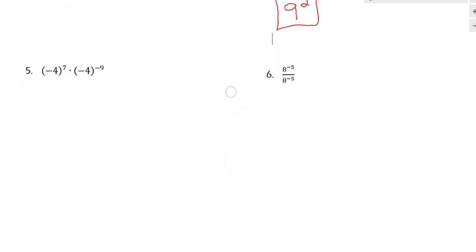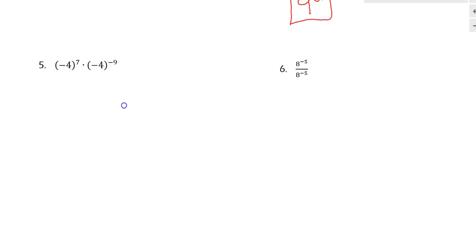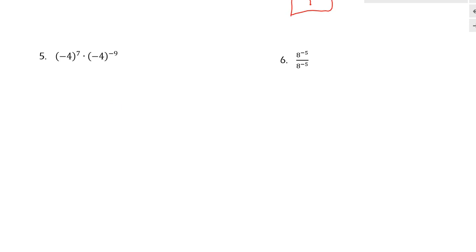For 5 and 6, we're going to use some of our previous rules that we just looked at in our last learning objective. We're going to use our product rule and our quotient rule. So number 5 is our product rule because I'm multiplying. So remember, your base stays the same, right? I'm still going to put parentheses around it.